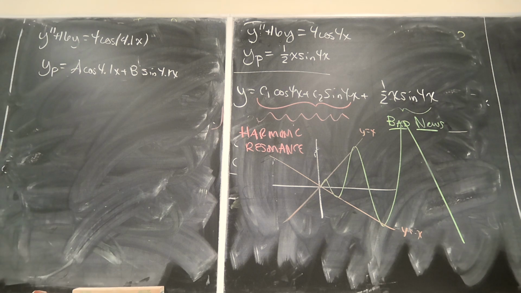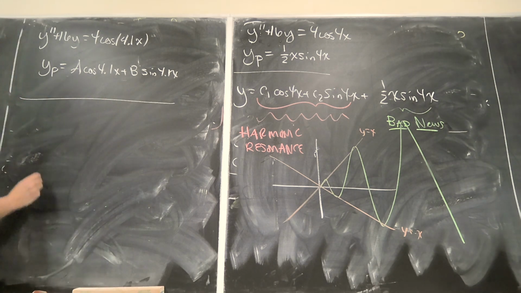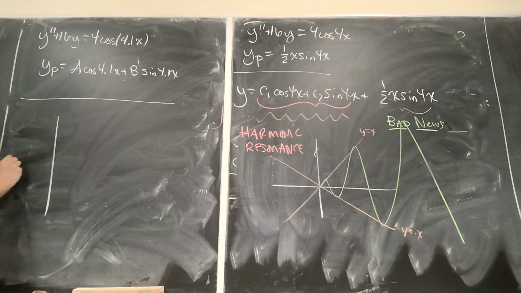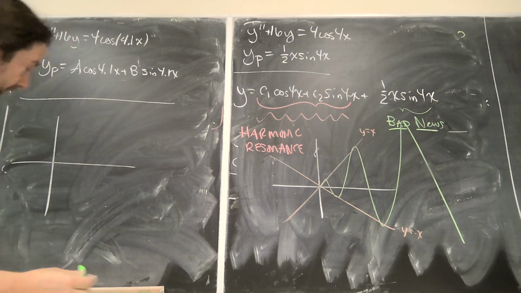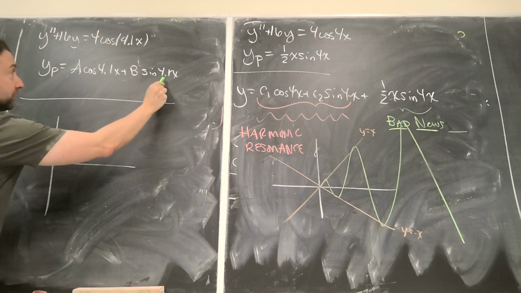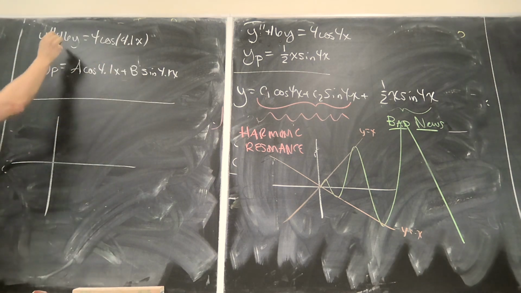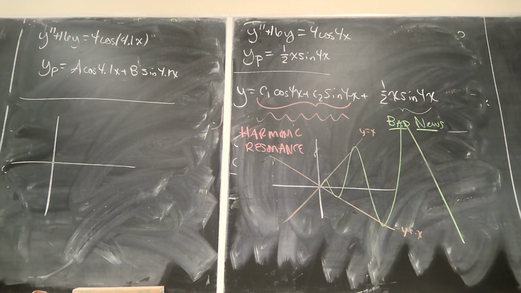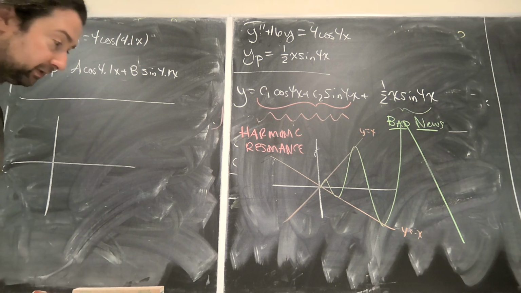But when you go through the process of actually solving this thing and writing down the solution, it looks like this. So first, because the frequency of this forcing function is very close to the way this thing wants to vibrate anyway, what's a good way of describing this?